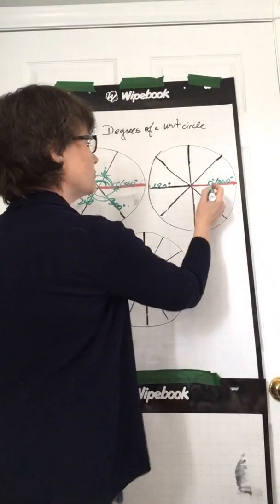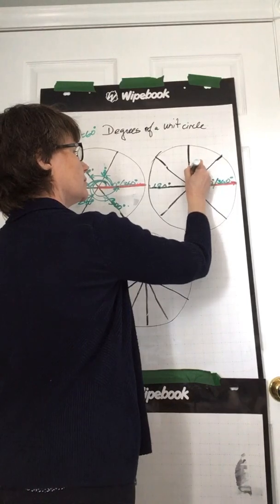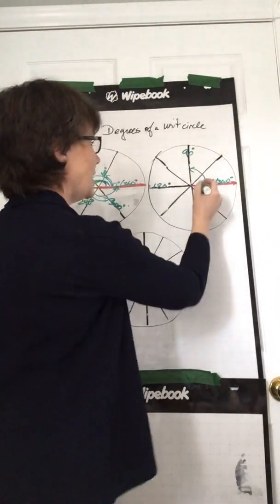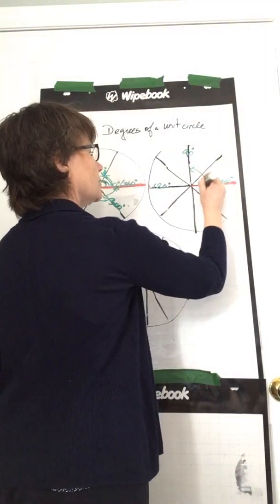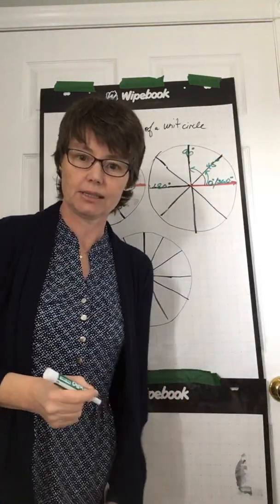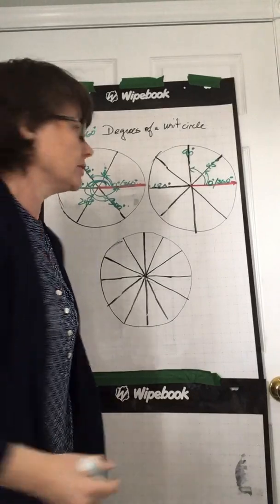If we take half of that 180, we know that that's 90 degrees. So from here up to here is going to be 90 degrees. And then if we divide that 90 right in half, we know that from here to here is 45 degrees. So each of these is 45 degrees. We're going to just keep on adding 45 degrees around the circle.